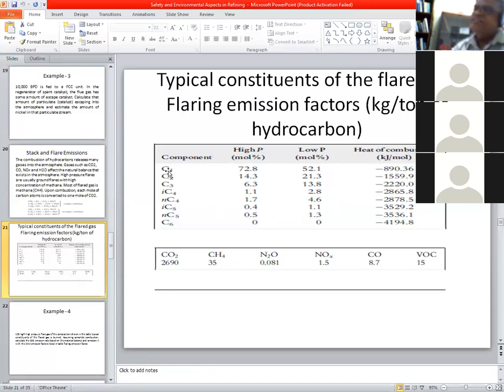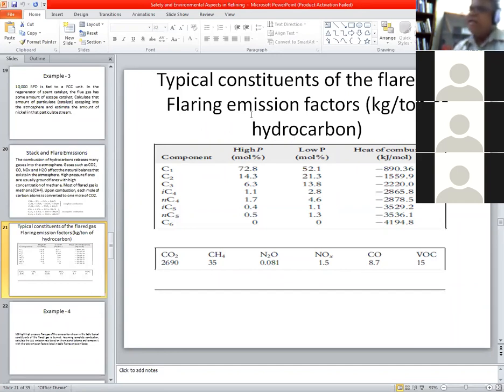C1 is CH4, C2 is ethane, C3 is propane, C4 is butane, C5 is pentane, you know it, C6 is hexane. Here, see, hexane is almost 0, but from C1 to C5 the mole percentages are given for the high pressure flare and for the low pressure flare.